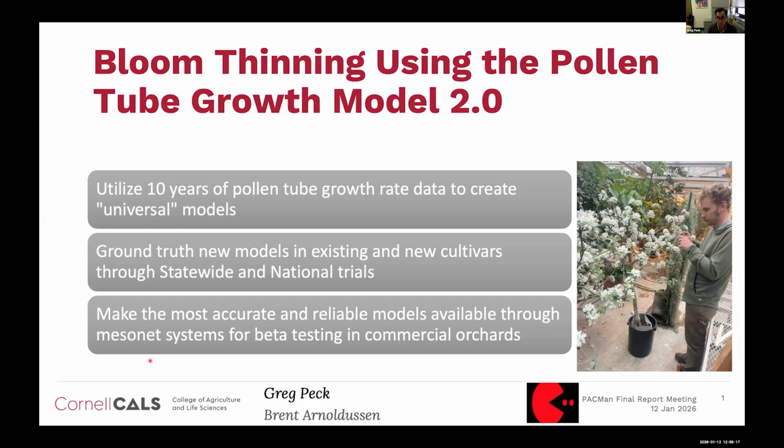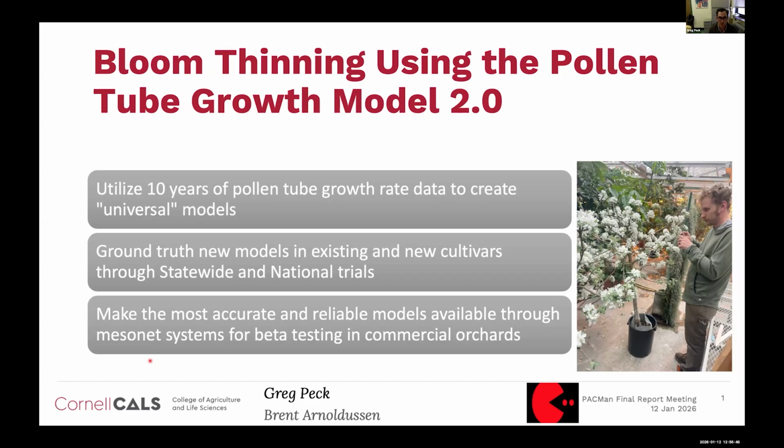So what we were trying to do was to use 10 years of data that was collected, first starting with Ross Byers and then Keith Yoder and his technician, Leon Combs, who worked extensively with the Washington State industry and had a lot of funding from the Washington Tree Fruit Research Commission over the years to develop these pollen tube models.